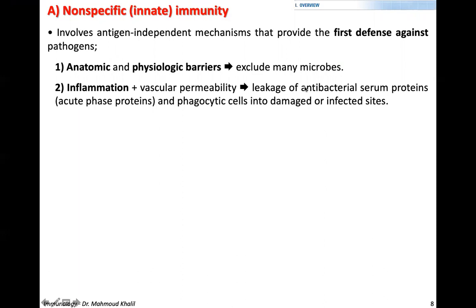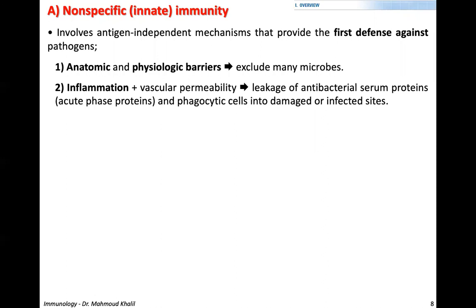While the inflammation plus the vascular permeability, because inflammation has to do with the vascular permeability, and we will know why in later lectures, will lead to the leakage of the antibacterial serum proteins. So your body generates a lot of antibacterial proteins that need to reach the site of the inflammation, and these proteins are collectively called acute phase proteins.